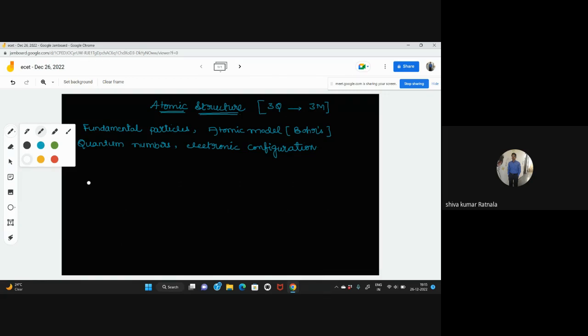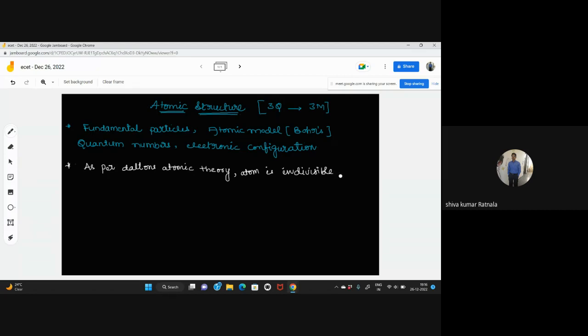First, let me start with what the fundamental particles are. Earlier, as per Dalton's atomic theory, it was said that the atom is indivisible, that means we can't break it.